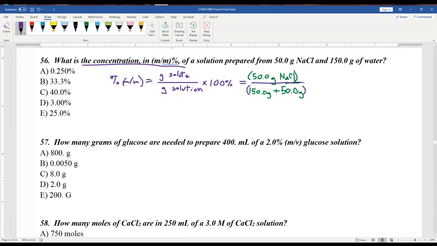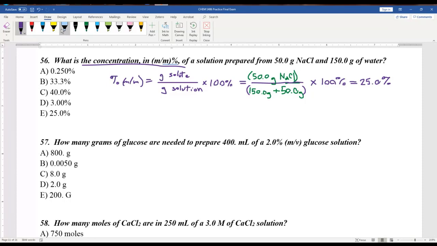Because sometimes it will say in 150 grams of solution, in which case you can just put 150 grams. But in this case, it doesn't say grams of solution, it says grams of water. So that's where you have to be careful, and you have to make sure you're reading the problem carefully. In this case, it's going to be 150 plus 50 for the solution. And if you divide that, multiply it times 100%, that's going to give you 25%. Yes.